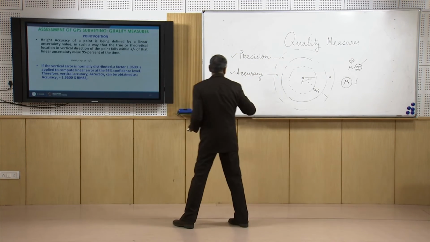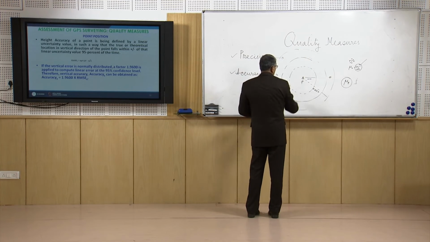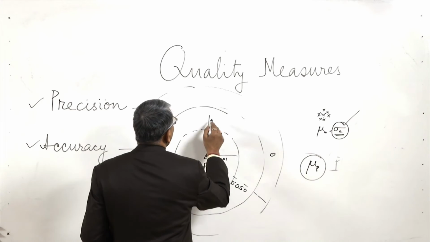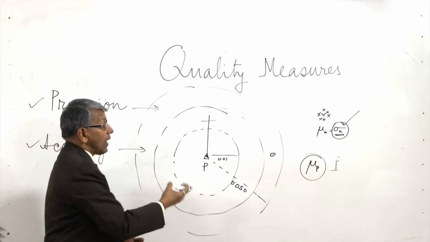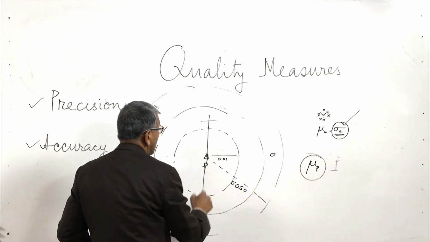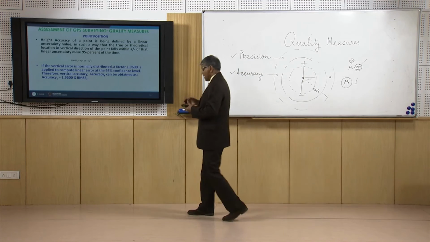Now, this is for planimetric position. For vertical height also, we can think of a similar thing, a line. Depending upon at what height beyond this point our point reaches, according to that we can say it.